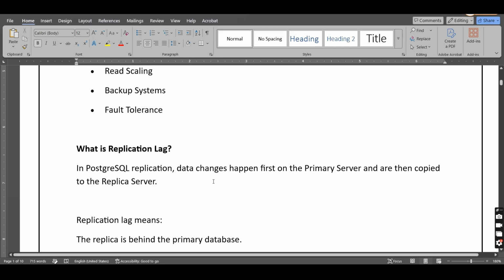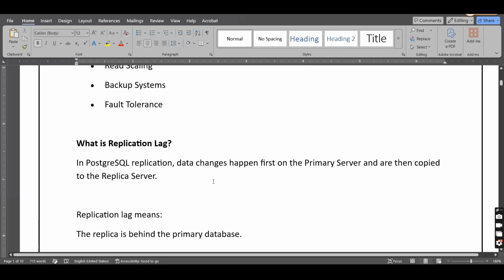Whenever you see a delay in the changes reaching the secondary server, that situation is called replication lag. We have already discussed replication lag in our previous video. If you have not seen those videos, please go and watch them also.